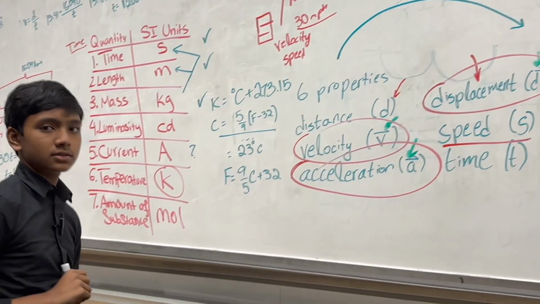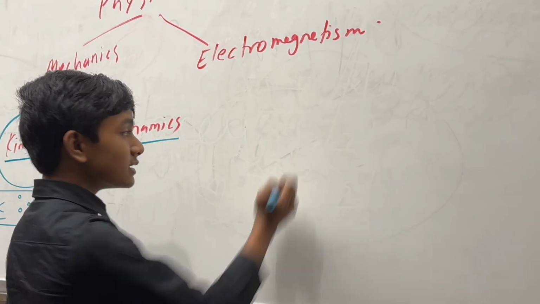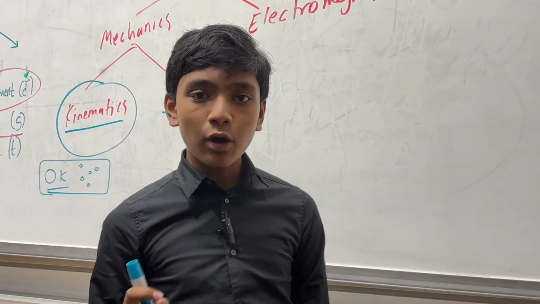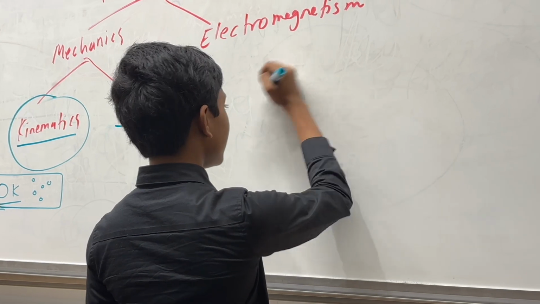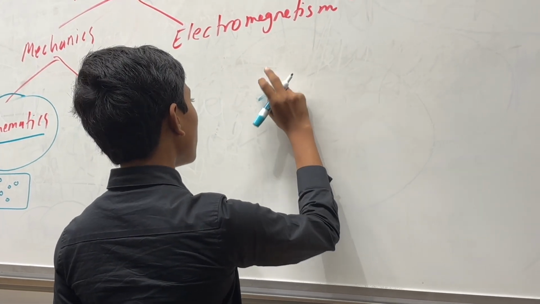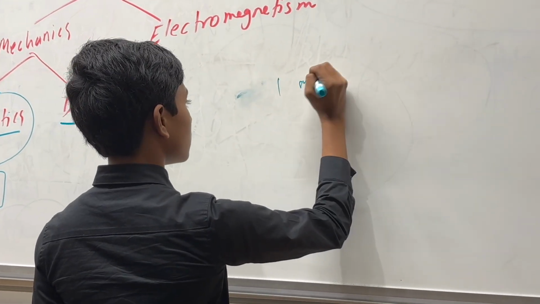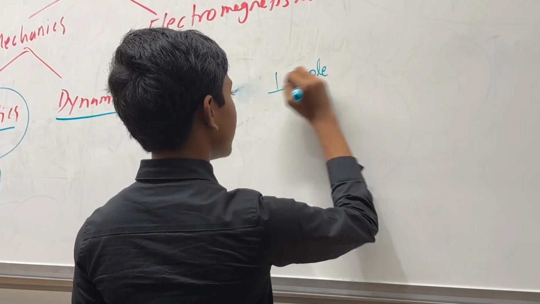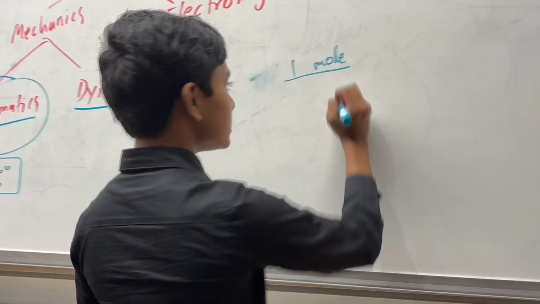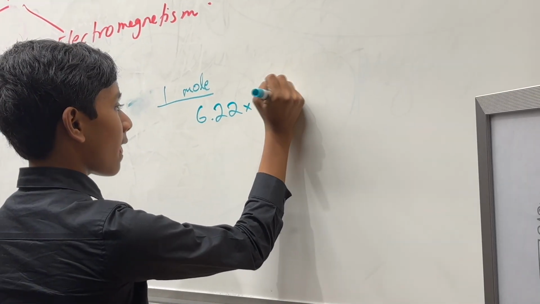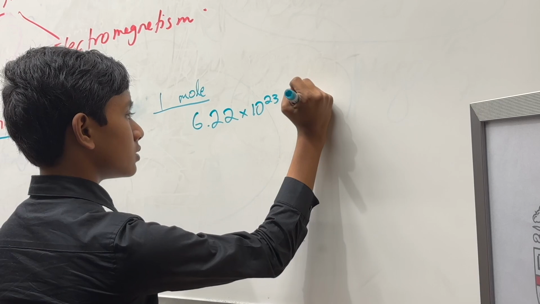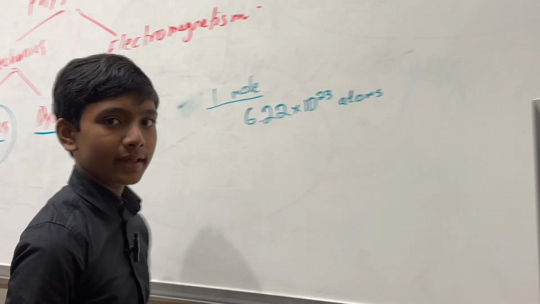So, substance is essentially just a way of measuring how much of something there is. So the thing is, 1 mole of something is exactly 6.22 times 10 to the 23 atoms of that thing.